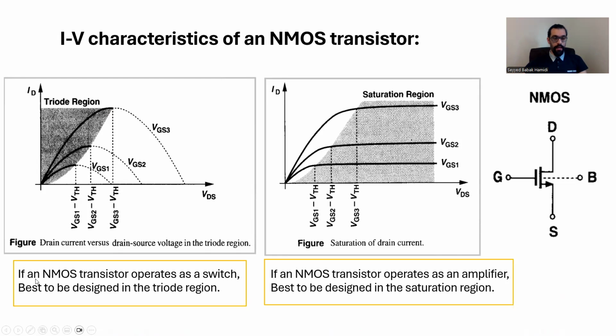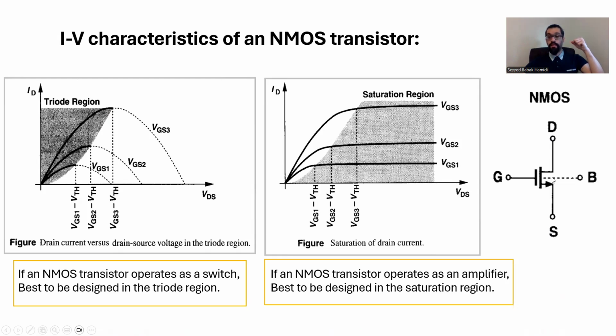For example, if you want to use your NMOS as a switch, when you put the voltage on your gate, any signal that you have in the drain goes to the source. Means your switch is on if you put the voltage on the gate. But when you remove the voltage, there's no voltage on the gate, means no electron mobility, no channel between drain and source, and any signal that you have on the drain would not go to the source.